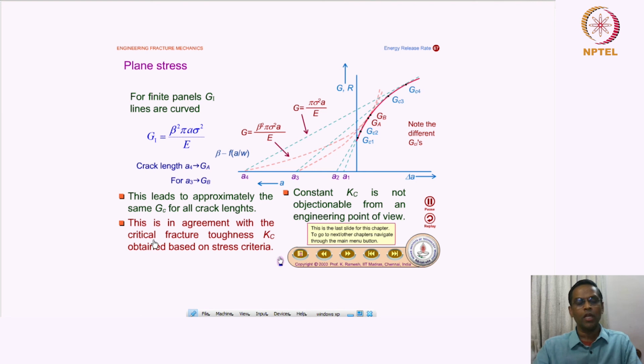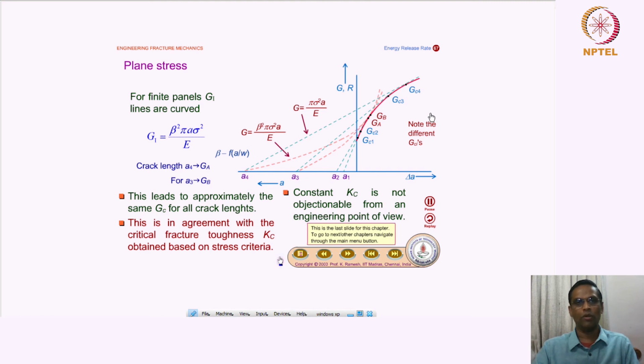Okay. So what we have understood from today's lecture is energy release rate made a significant improvement in understanding the crack problems, and it also explained the concept of critical crack length, and it explains the stable crack growth, and it paved the way for the further understanding of the fracture mechanics problems.